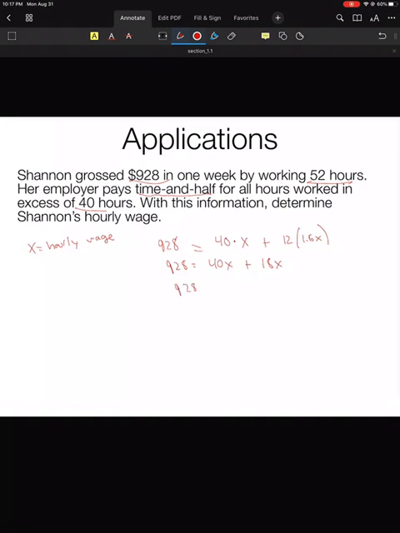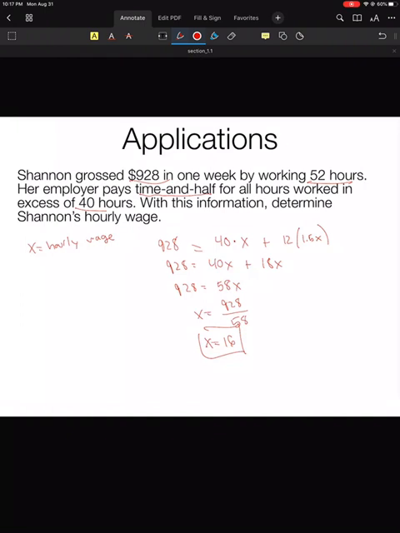When I add like terms, I get 928 is equal to 58x. Let me pull up a calculator, because x is then 928 divided by 58, and I can't do that in my head. 928 divided by 58 is 16. So x is 16.